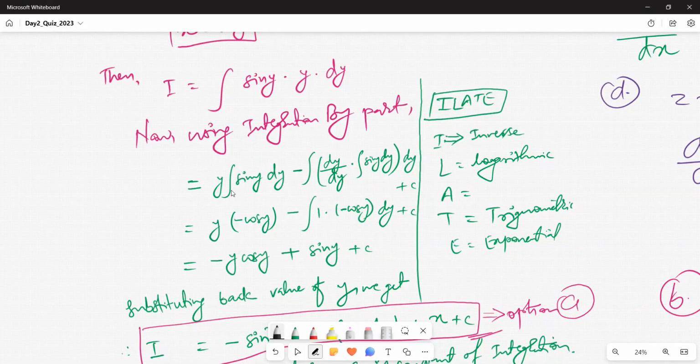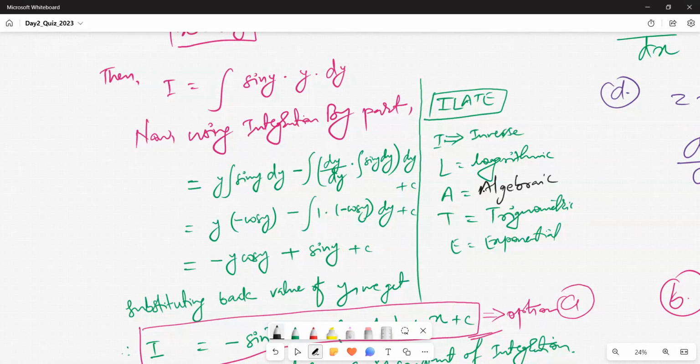L for logarithmic function, A for algebraic function, T for trigonometric, and E for exponential function, right? So this A here is algebraic function.